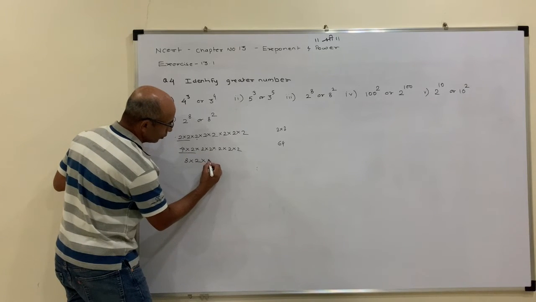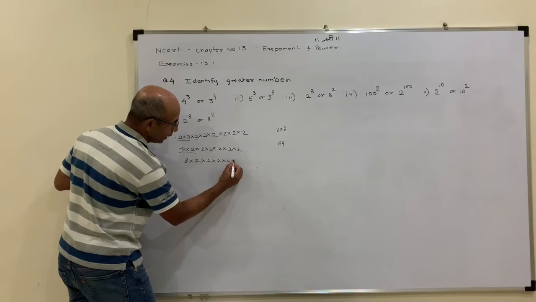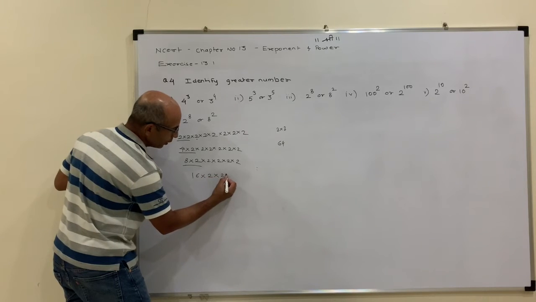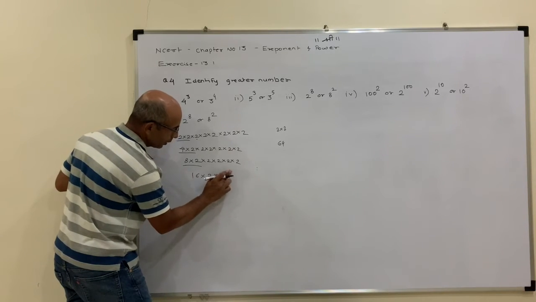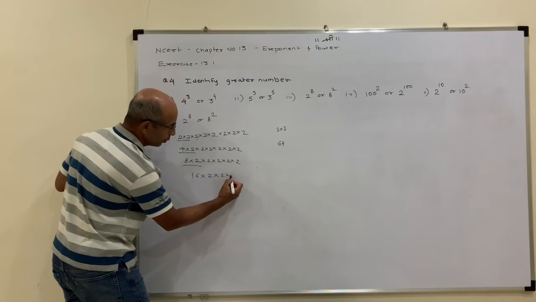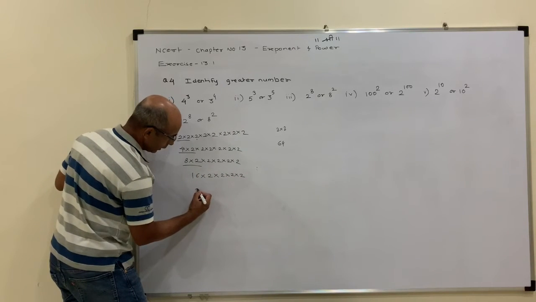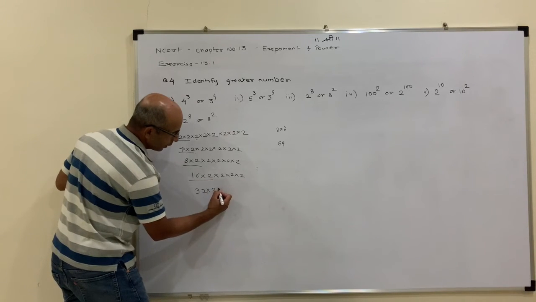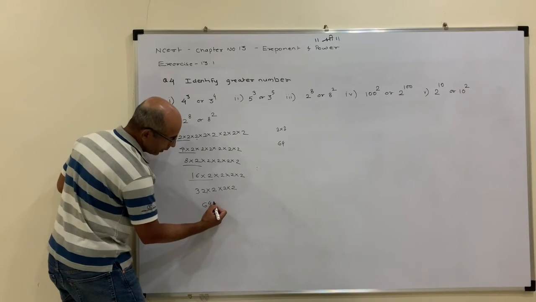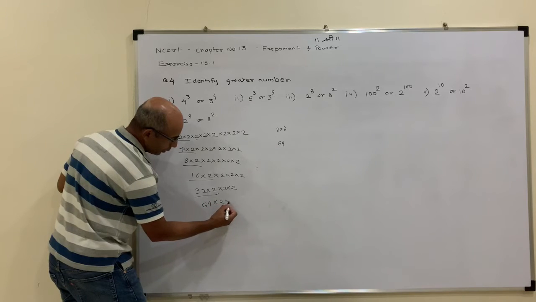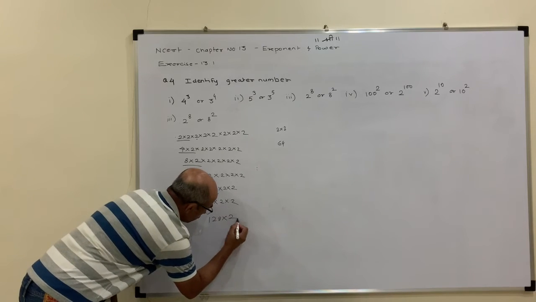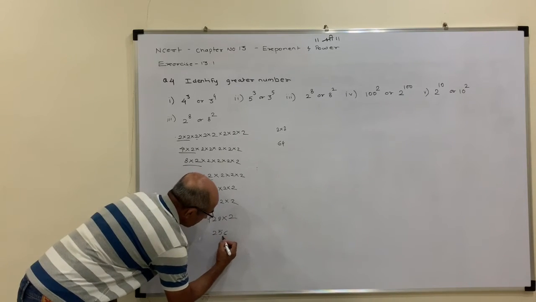So 2 into 2 into 2 into 2. Then you make 16 into 2 into 2 into 2. So 32, 32 into 2, so 64, into 2 into 2, so it comes out to be 128 into 2, that is 256, the final answer.